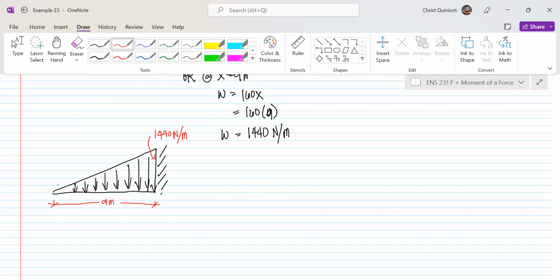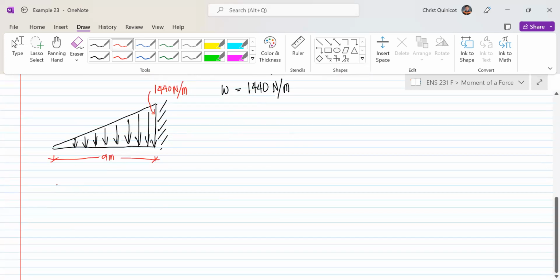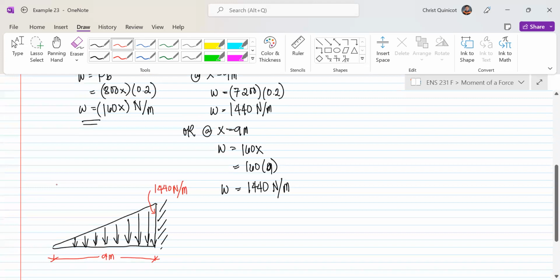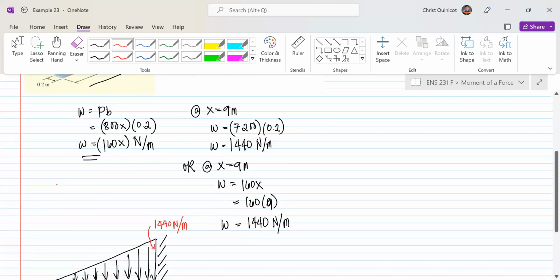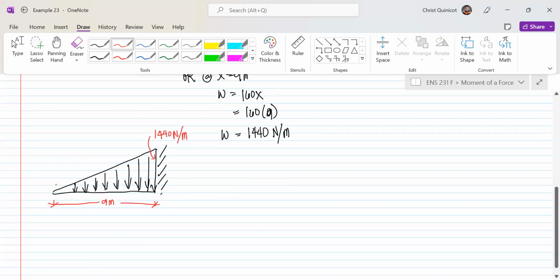Now, we are given two options. I will be showing you two solutions, but it's up to you which solution to use. The first solution will use integration, because again, we are provided W equal to 160x as our uniformly varying load.